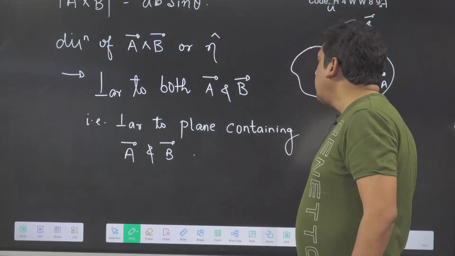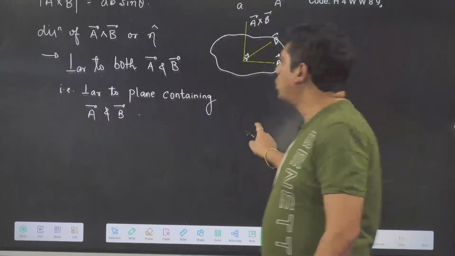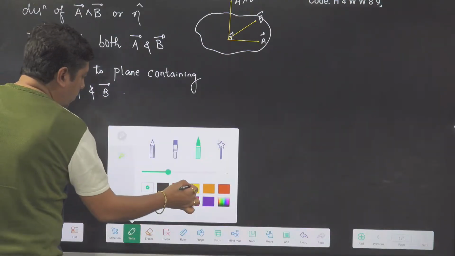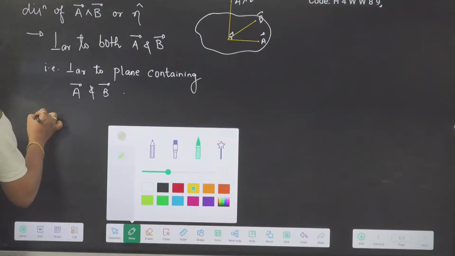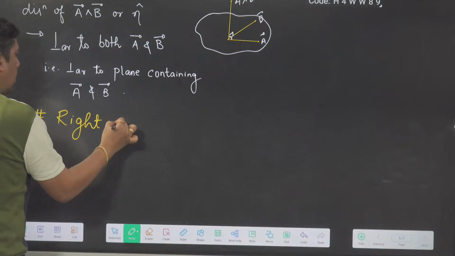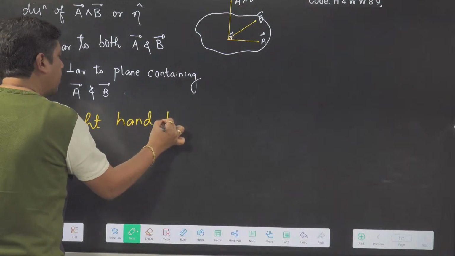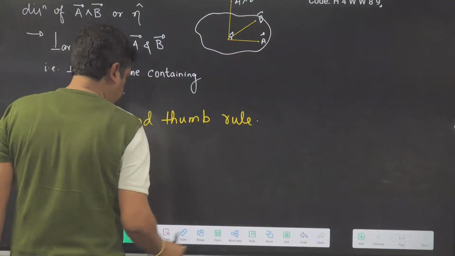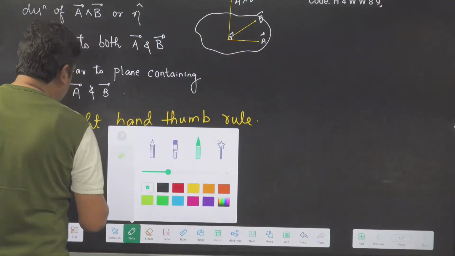So to get the complete picture, we use a rule to find the direction of A cross B. Very famous rule. We call it the right hand thumb rule. What is the right hand thumb rule?